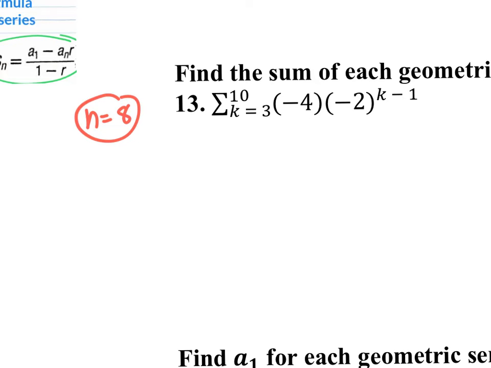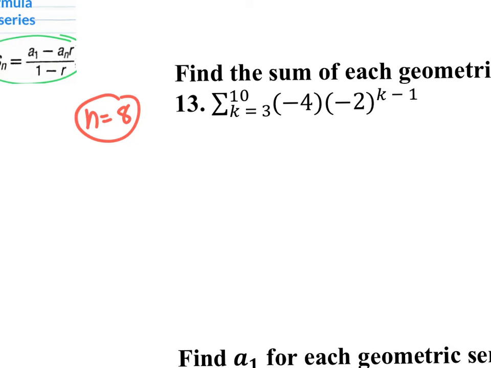It's not 7, because you got to include the 3. 3, 4, 5, 6, 7, 8, 9, 10. That's actually 10 take away 3, which is 7 plus 1. So you're actually doing a total of 8 questions. So I hope that makes sense to you guys. If there was a 1 right here, yeah, there's going to be a total of 10 questions, but there's not a 1, it's a 3, and you're including that input of 3 as your first number on your list. So you really have a total of 8 numbers on your series right here.